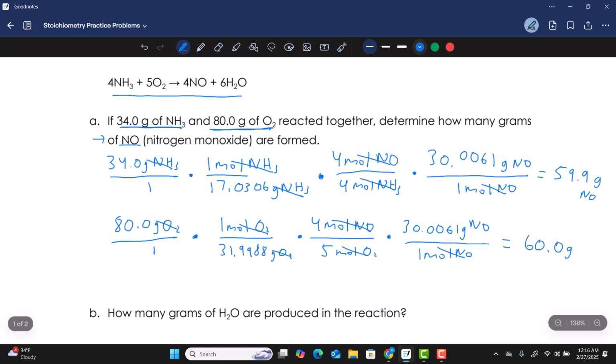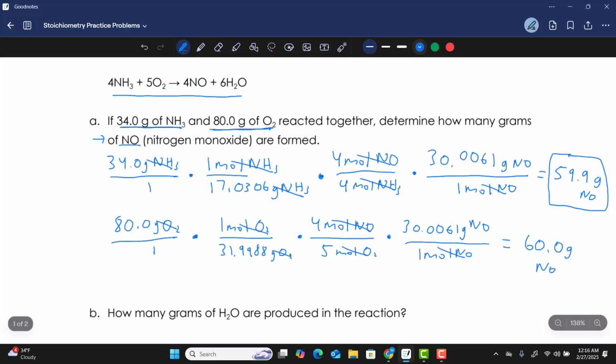60.0 grams of NO. So the limiting reactant is going to be the one that has the lesser amount, which is going to be this one. And so this would be our answer of how many grams of NO are formed, because we want to find the one that the limiting reactant determines, which is NH3.